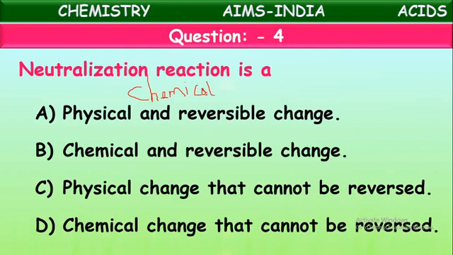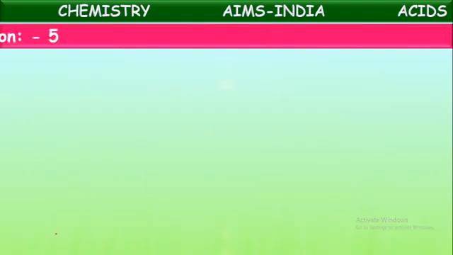And we even told these are exothermic reactions. These exothermic reactions are also irreversible changes. So now what is the correct answer? They are chemical changes and they cannot be reversed. These two are correct. Now it will be the correct answer. Okay, neutralization reactions are chemical changes and irreversible changes. Next question.